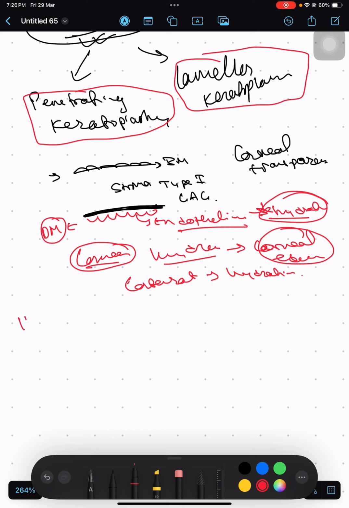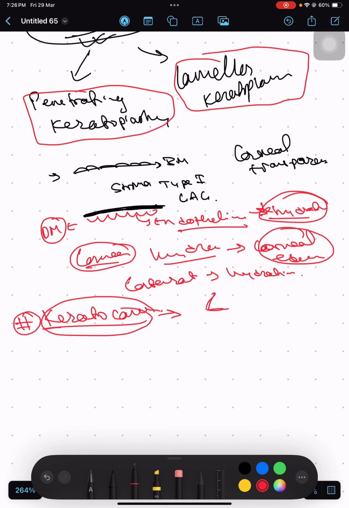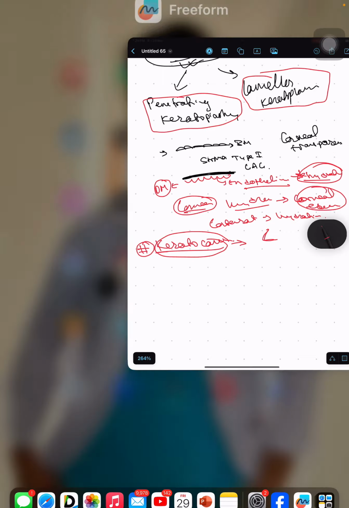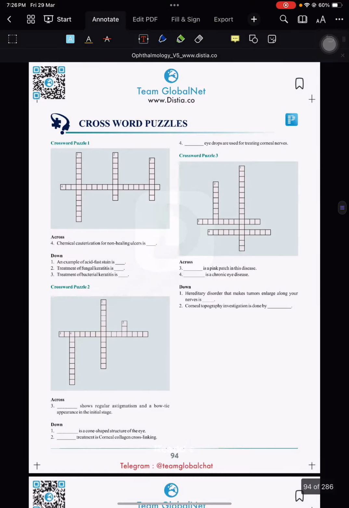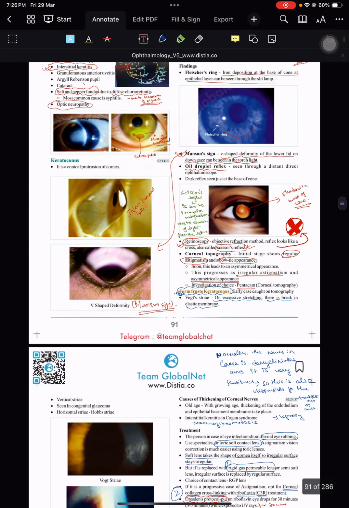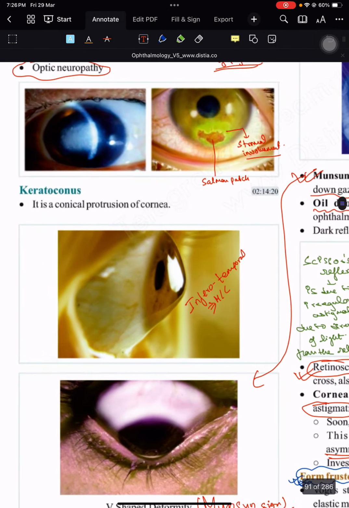Very important are certain diseases like keratoconus. What is keratoconus? Keratoconus means the cornea is thin, and because of that there is ectasia of the cornea. If you look into this diagram, this is actually keratoconus.